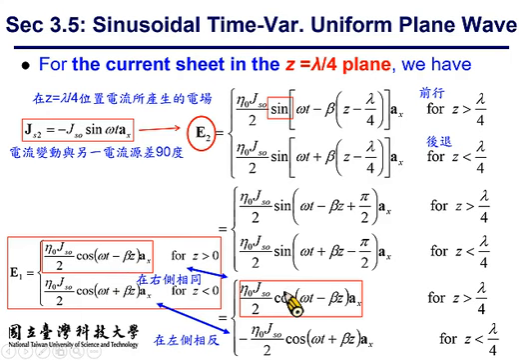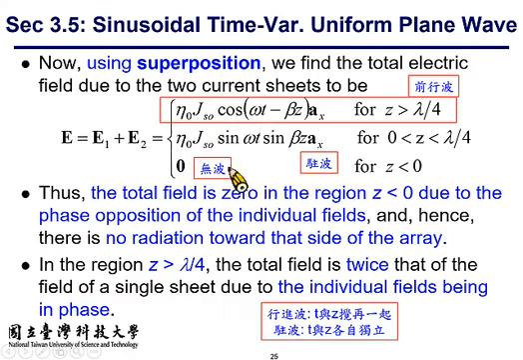Well, they are exactly the same for the region greater than lambda over 4. So for z greater than lambda over 4, the total field that accounts for both E1 and E2 is eta sub 0 J sub 0 cosine omega t minus beta z, right?